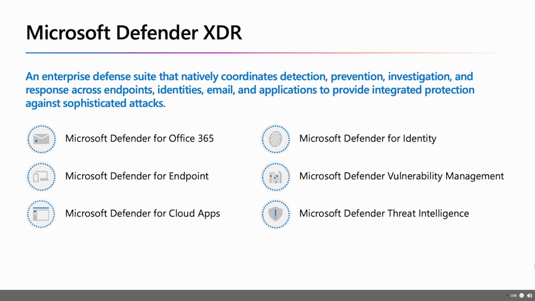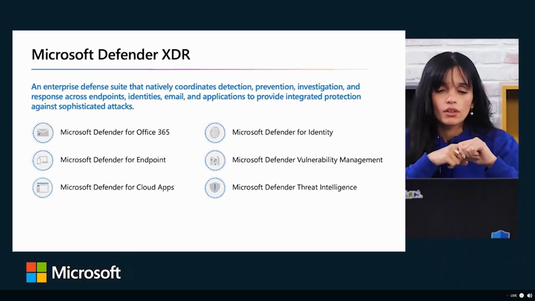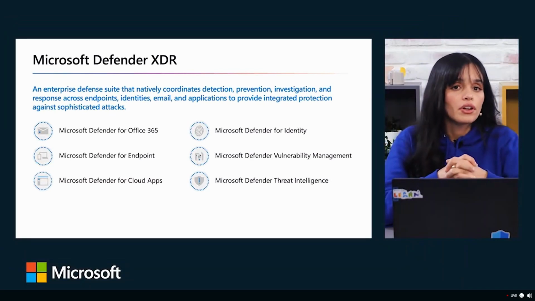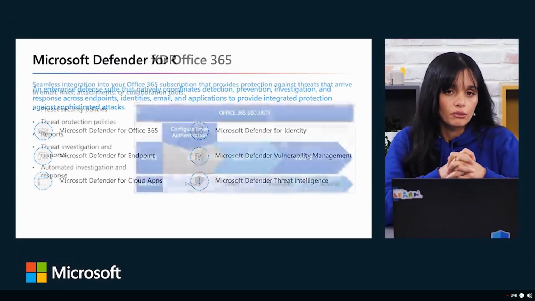Moreover, we have Microsoft Defender Vulnerability Management that delivers continuous access visibility, intelligent risk-based assessment, and built-in remediation tools. Let's look into each of these services. Let's start with Microsoft Defender for Office 365.